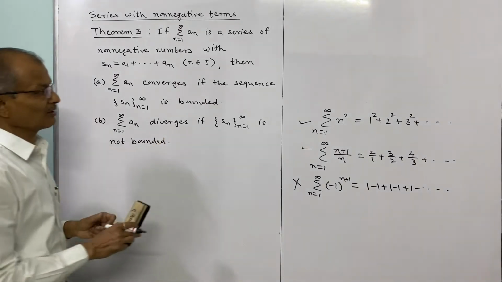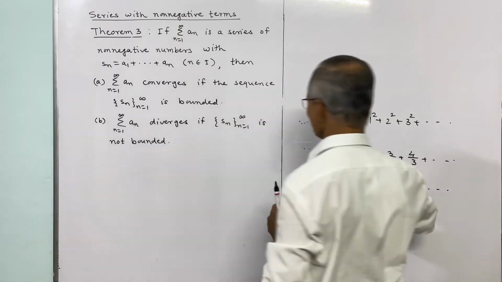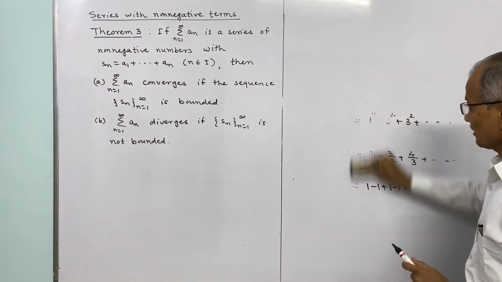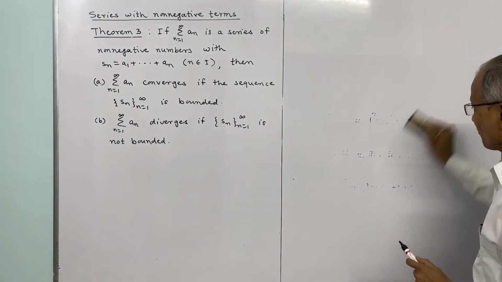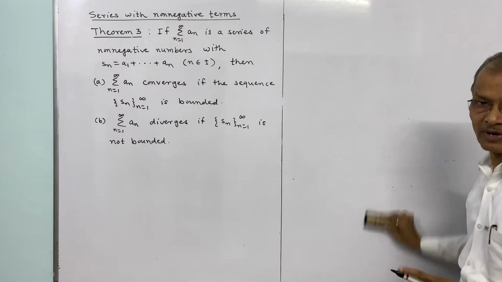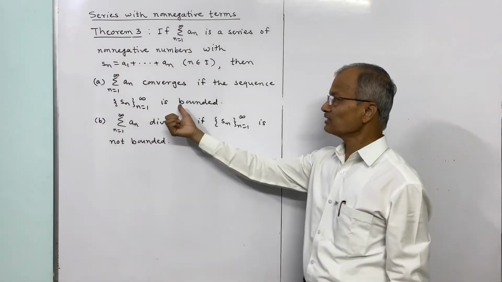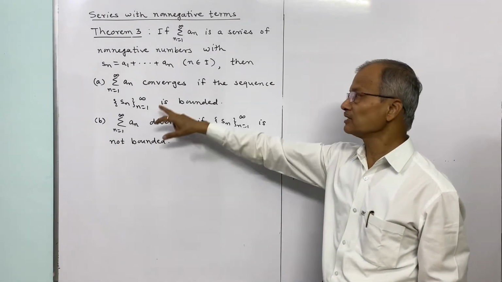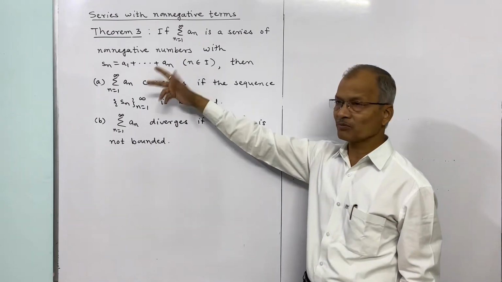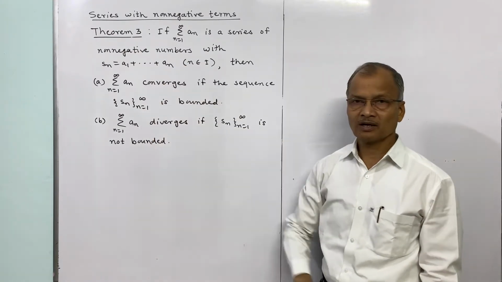So the convergence of a series of non-negative terms is expressed in terms of boundedness and unboundedness of the sequence of partial sums. If the sequence of partial sums is bounded, then the series is convergent, and if Sn is not bounded, then the series is divergent.